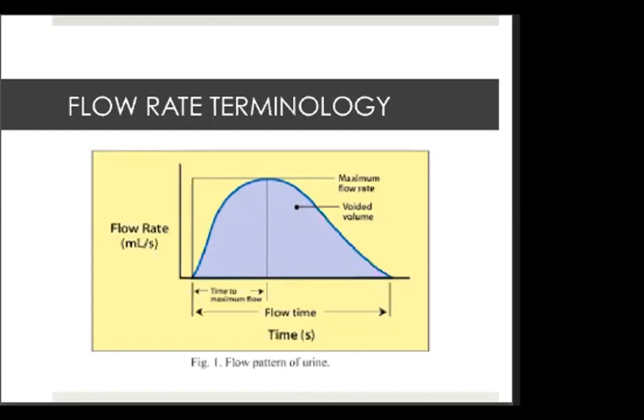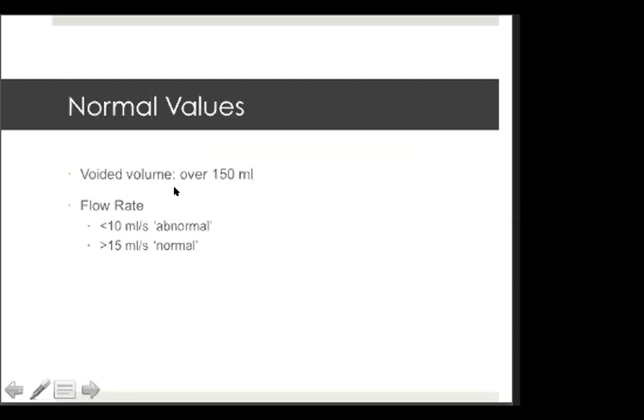So in particular, there are no definite normal ranges for Qmax, although it decreases with age and voided volume, but not in a directly proportional manner. So mamaya papakita ko ng chart na nag-vary sa Qmax. So for the voided volume, at least 150 ml and above.